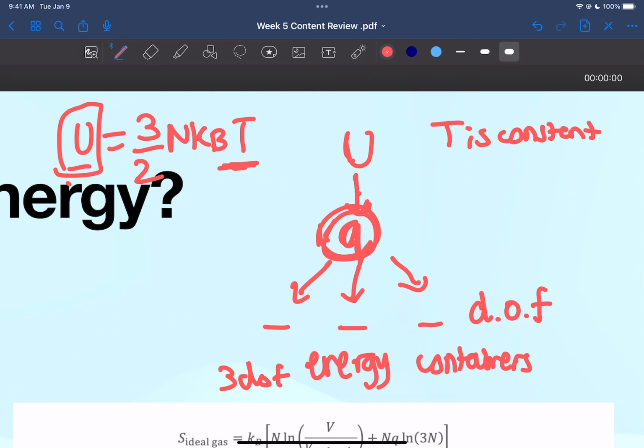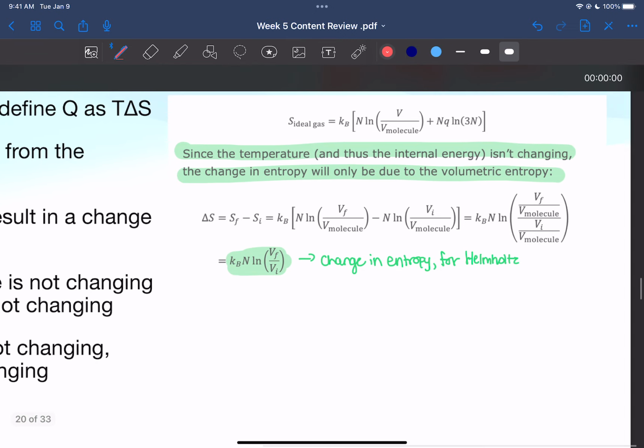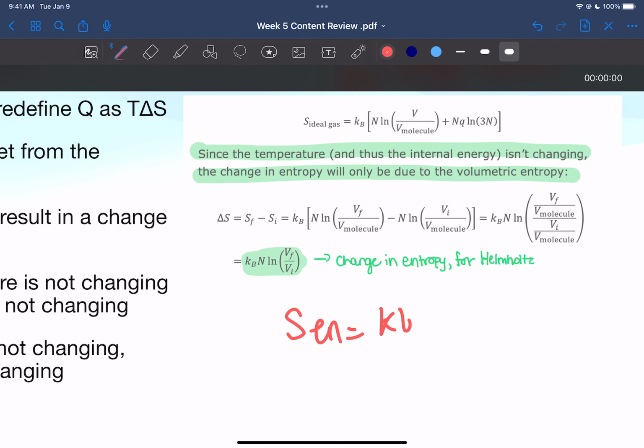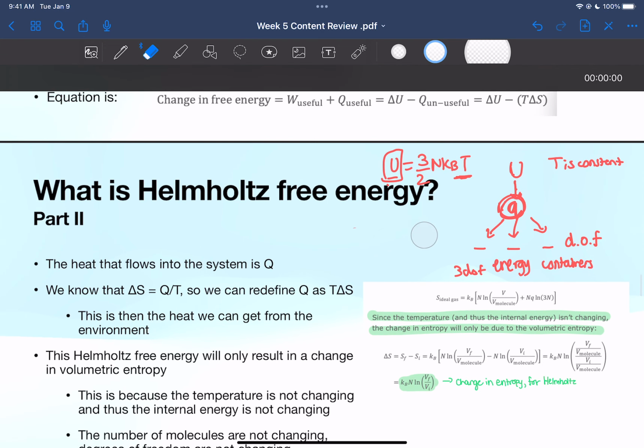So if F doesn't change, Q doesn't change, and we're assuming the number of molecules don't change either, we didn't add any molecules to the system, then your energetic entropy, k_B ln F^Q, where this is F total and this is Q total, and sometimes we even multiply them by the number of total molecules. Well, if the number of molecules isn't changing, degrees of freedom aren't changing, energy blocks aren't changing, then you should see no change in the energetic entropy. Does that make sense overall?